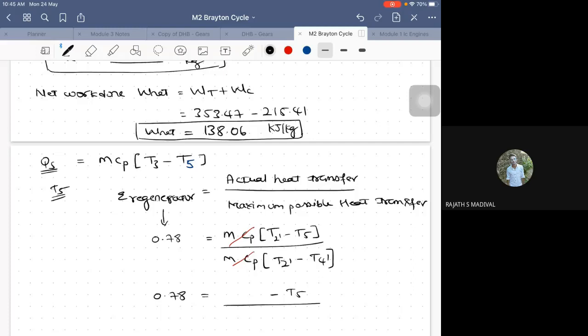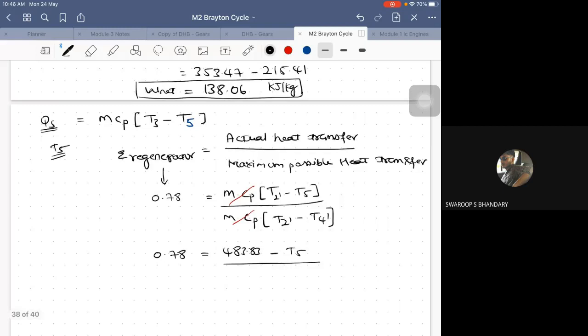What is the value of T2 dash? 483.83. T2 dash, correct?